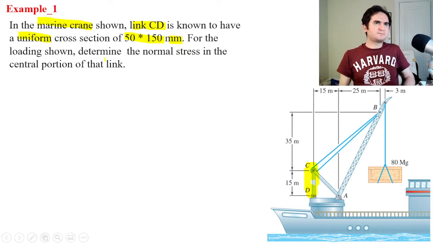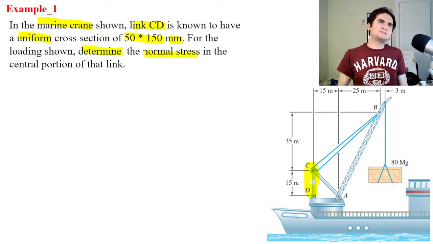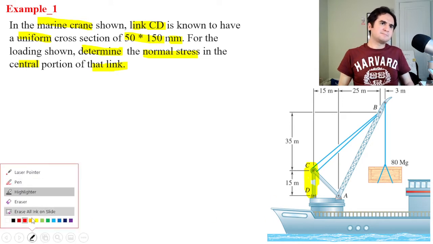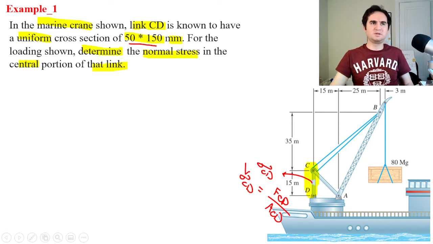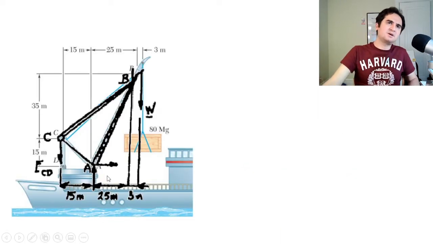Then we need to determine the normal stresses in the central portion of the link CD. So we just need to calculate sigma CD. If we know what force CD is and divide by area of CD, which is provided in the problem statement, we can have the stress in our member. Let's see how it goes.